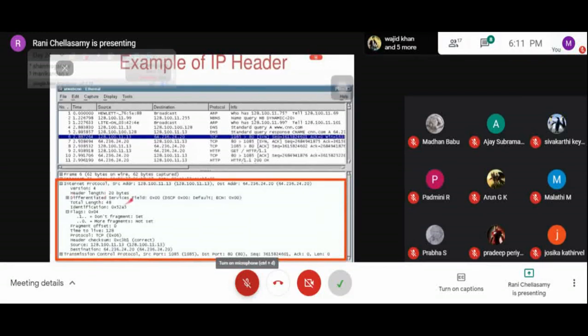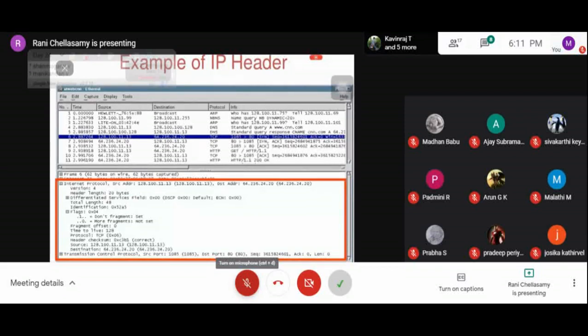The differentiated services field is set to DSCP 0x00 and the default ECN is 00. The total length of the IP packet is 48. As we have seen, the maximum length it can hold is up to 60 bytes.